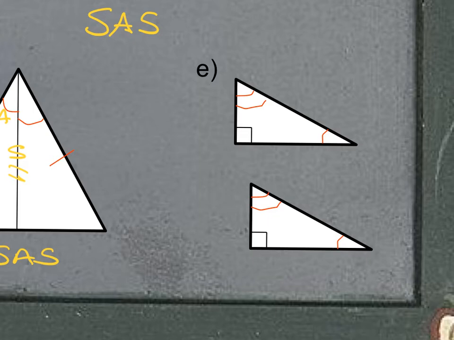I do have an angle, and another angle that are all matching. However, there is no shortcut or short way to prove angle, angle, angle. So this one is no congruence.